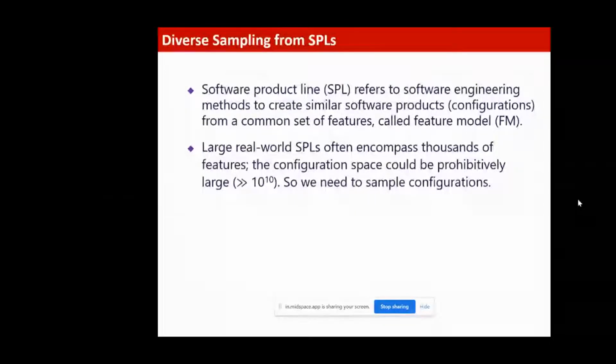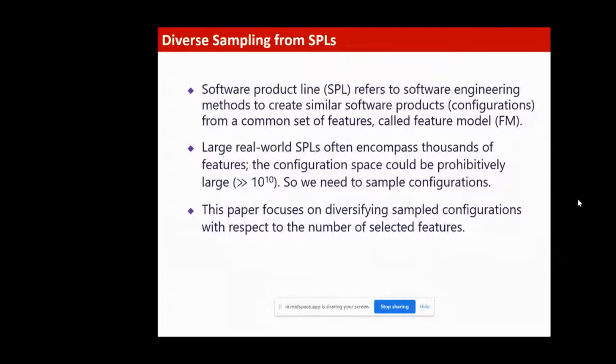In this case, we can't do an exhaustive search or consider all the possible configurations. So we need to sample a set of representative configurations. Given that, in this work, we focus on diversifying sampled configurations with respect to the number of selected features.